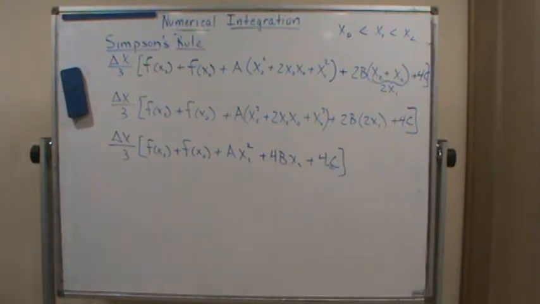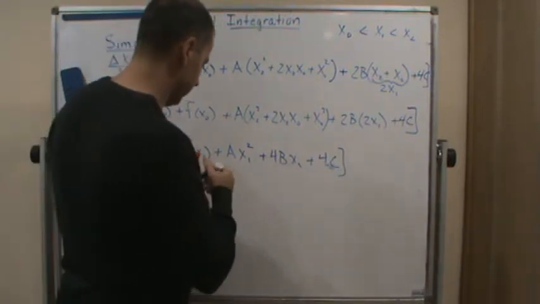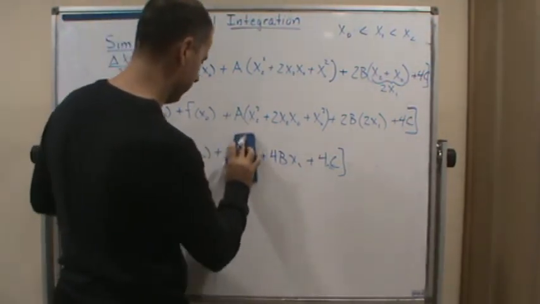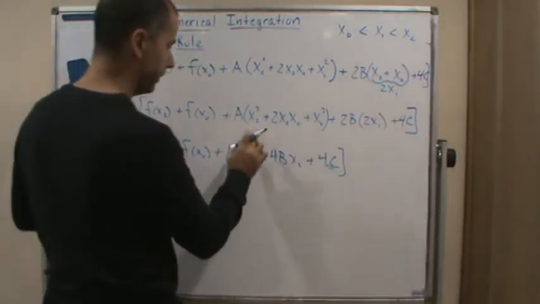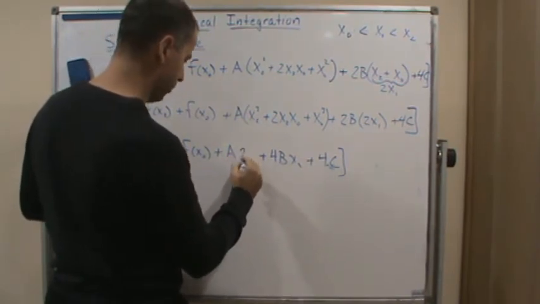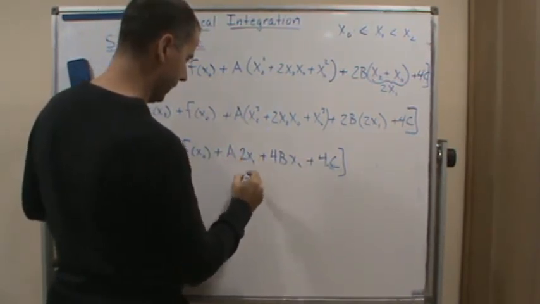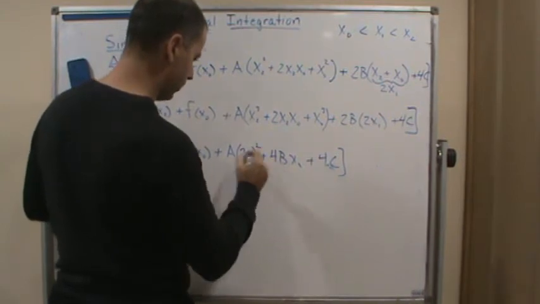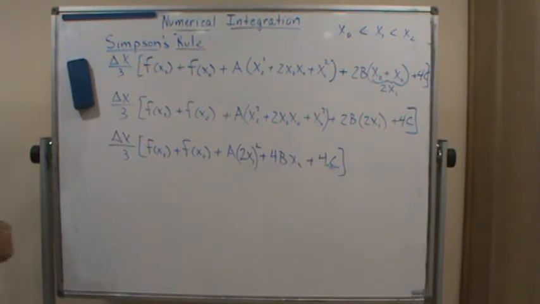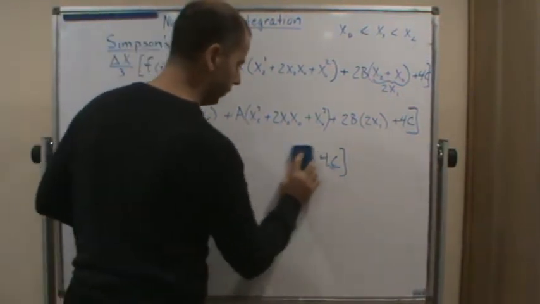Oh, by the way, hold on. That's where I made a mistake here. This should be a 2x1 squared. There we go. That's what I missed. Okay, so let me start over.